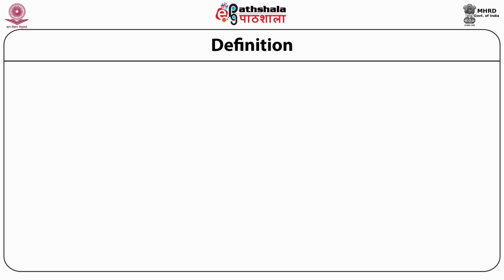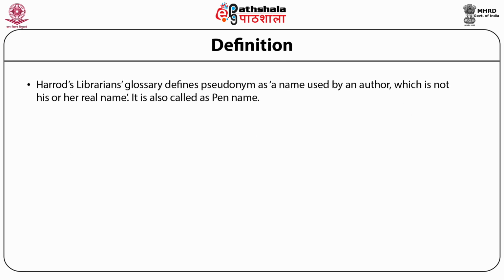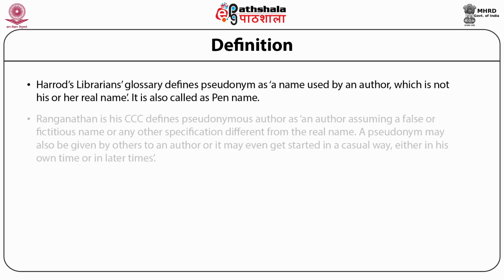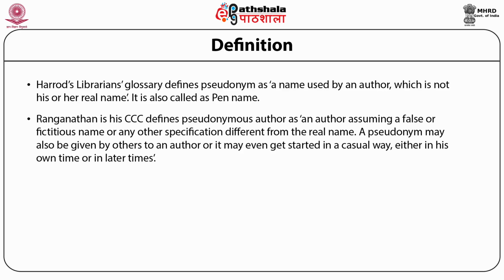Definition. Harrod's Librarians' Glossary defines pseudonym as a name used by an author which is not his or her real name. It is also called a pen name. Ranganathan, in his CCC, defines pseudonymous author as an author assuming a false or fictitious name or any other specification different from the real name.